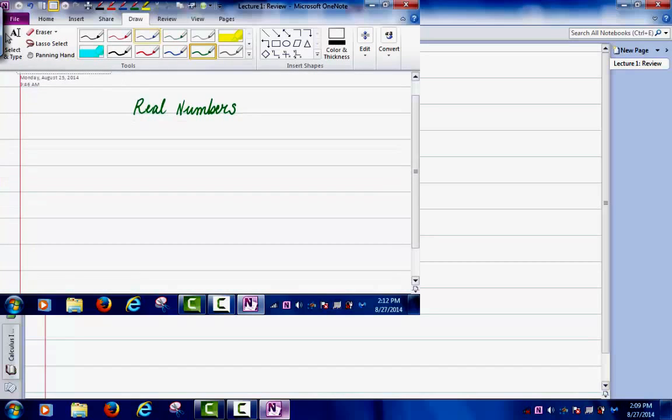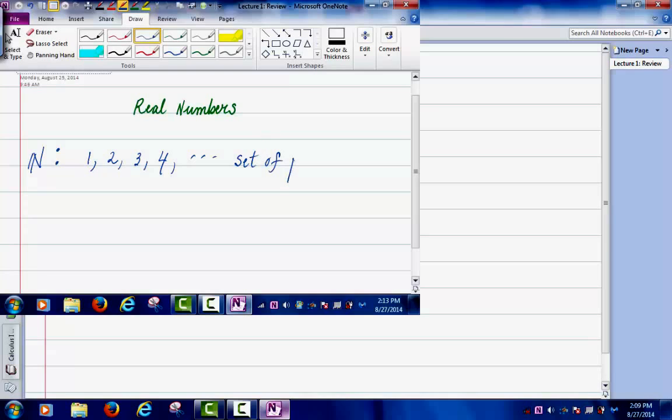We are going to use the following notations. If I write an N like this, this denotes the set of positive integers: 1, 2, 3, 4, ... So this is the set of positive integers.